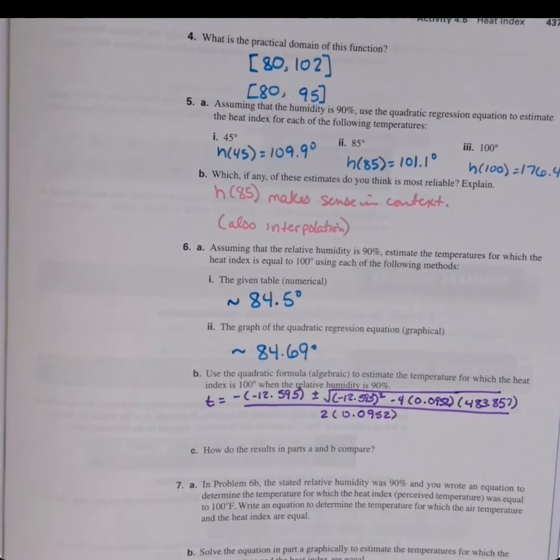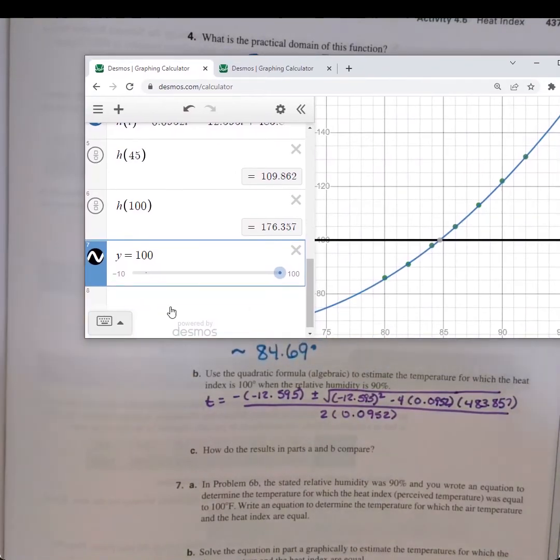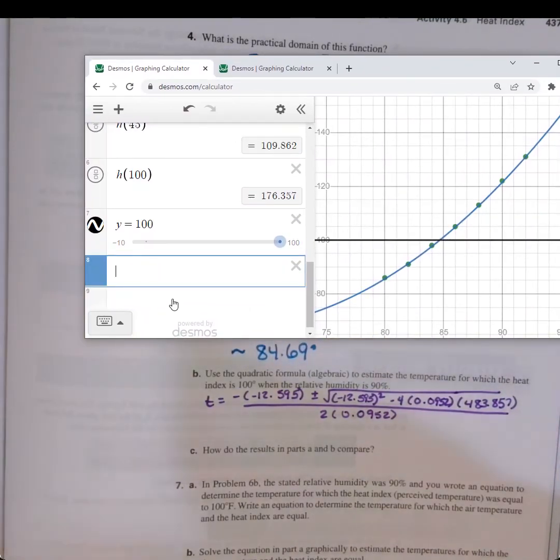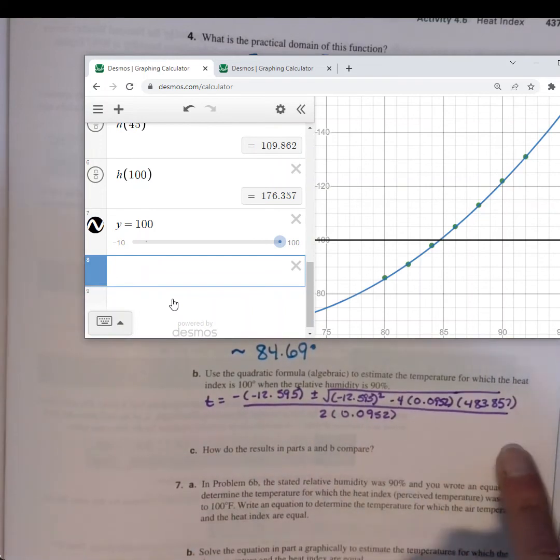We're just going to plug that all in because we're only looking for a decimal. We don't really care about simplifying, and they don't need us to. There's no space to simplify anyway.